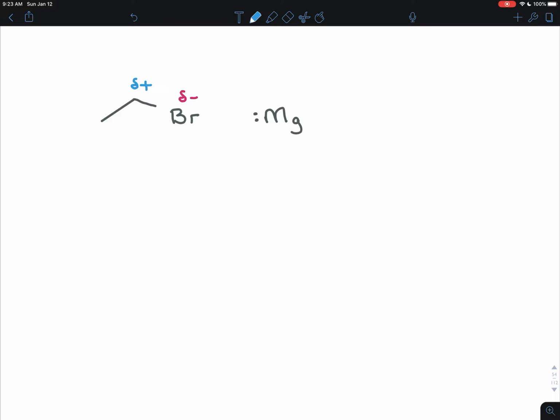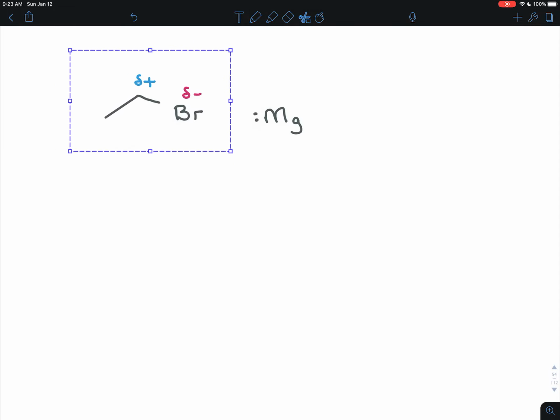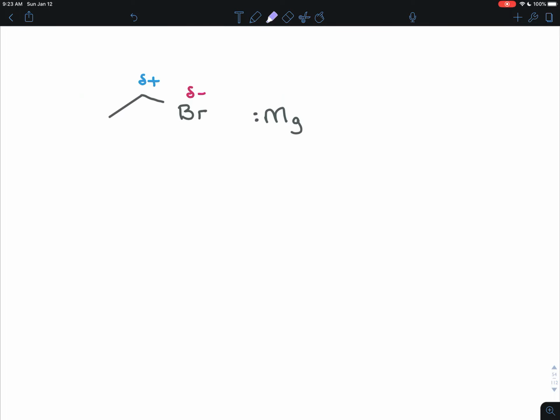The carbon becomes slightly positive. And when this molecule, which is bouncing around violently, smashes into magnesium, these electrons feel the pull of that electronegative element. It's more electronegative than the magnesium is. And so what'll happen is one of them will get ripped off and go onto it. And so it will literally jump from the magnesium to the bromine.